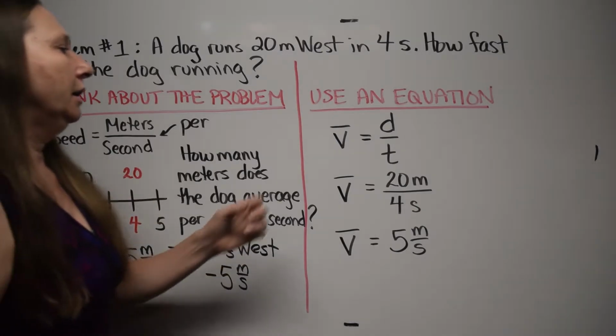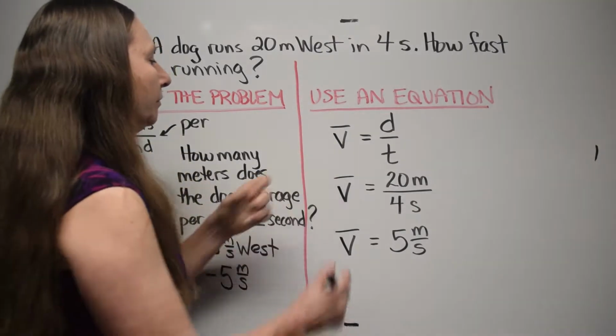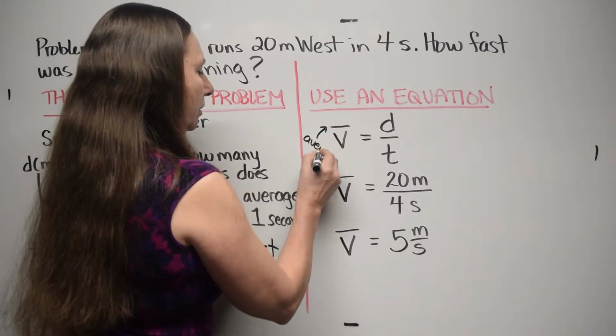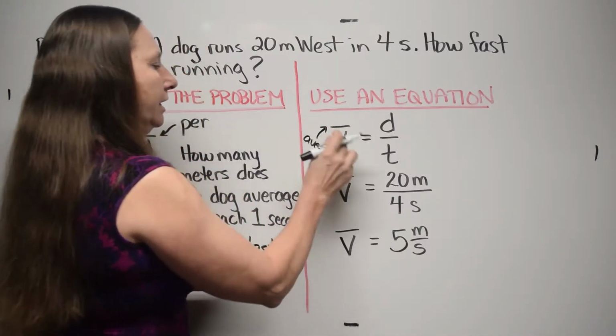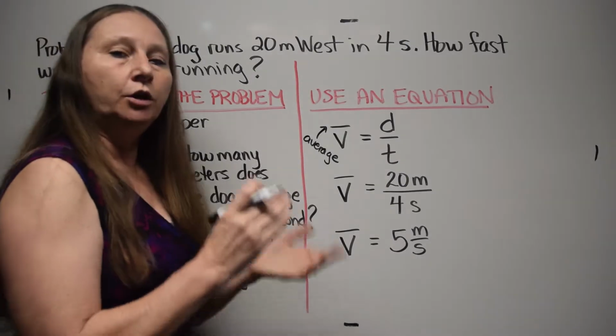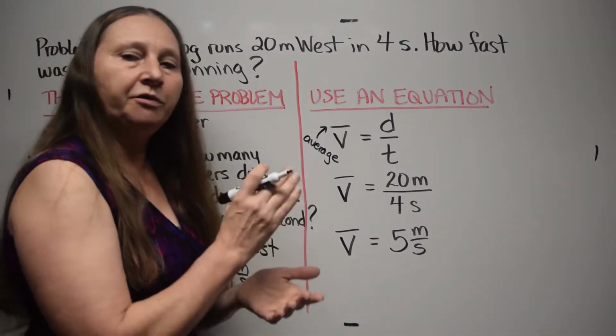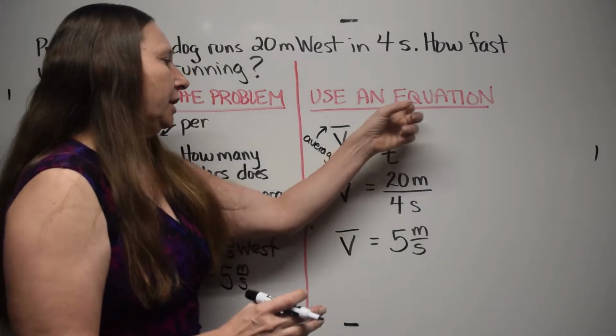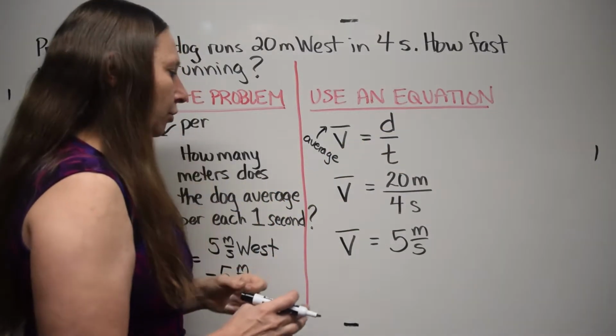Now, if we want to do this as an equation, first of all, the line here means average. So we're going to calculate the average speed. We go to the reference tables, the very first equation on the mechanics page. Average speed equals total distance divided by total time.